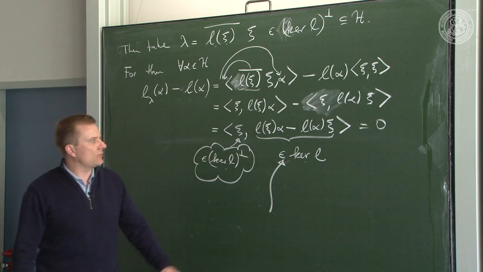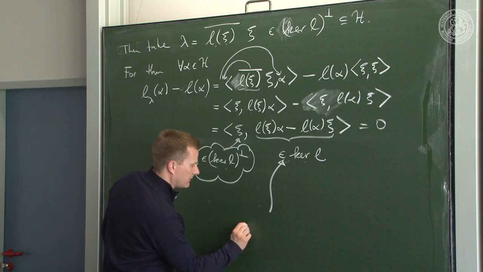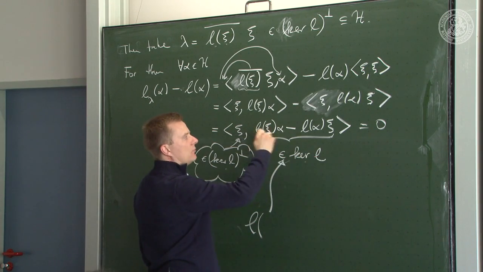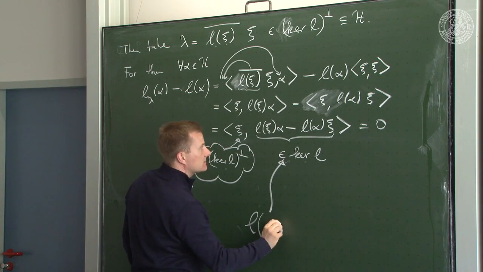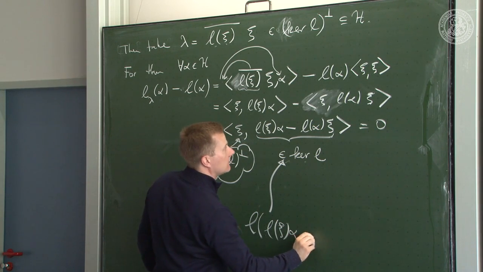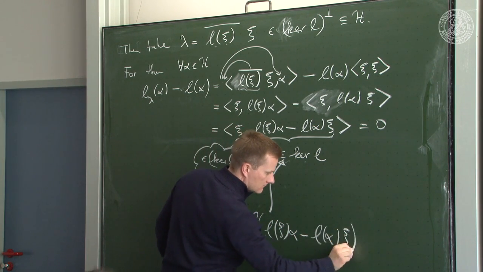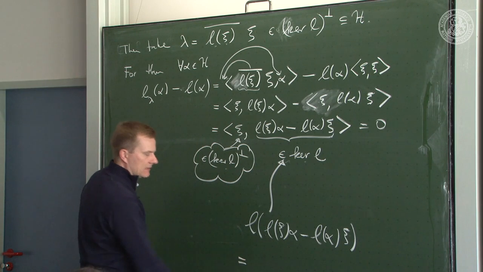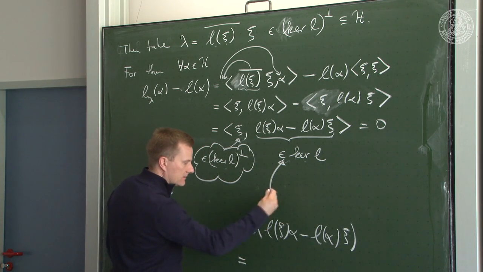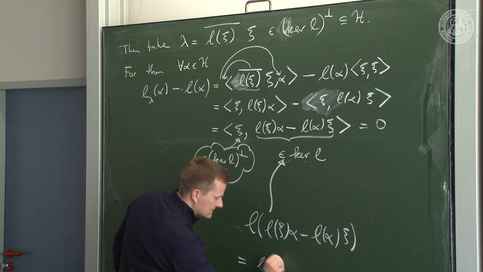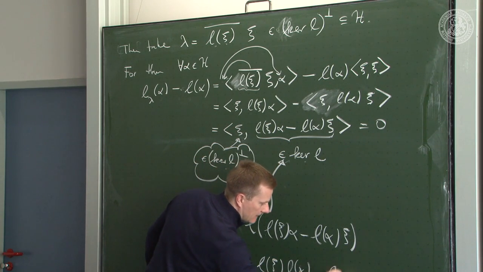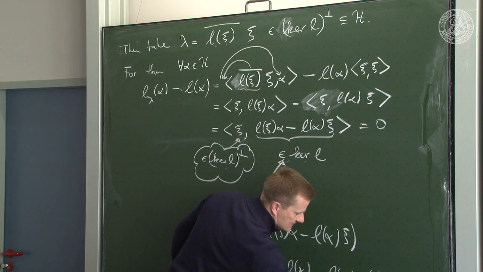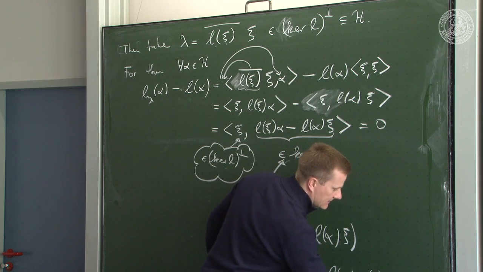So how do you check whether this is an element of the kernel? Well, you apply the map and see whether applied to this object it yields 0. Well, but because it's a linear map, you can pull this out and you get L of psi L alpha minus L alpha L of psi, all complex numbers, and that is 0.